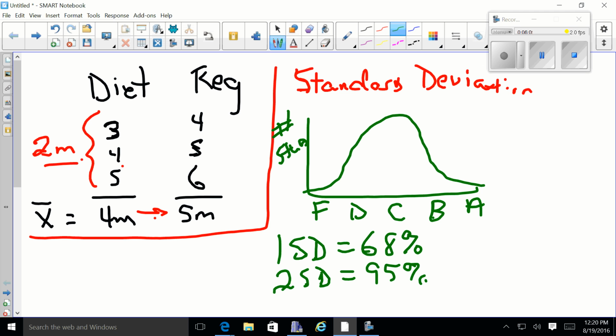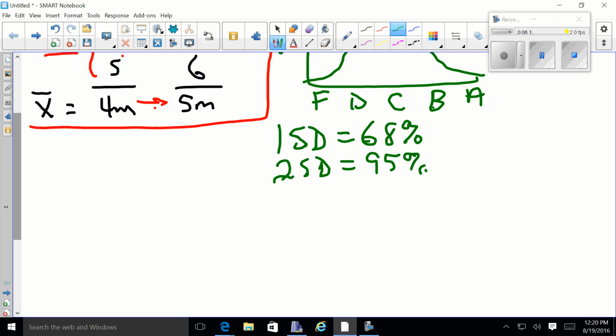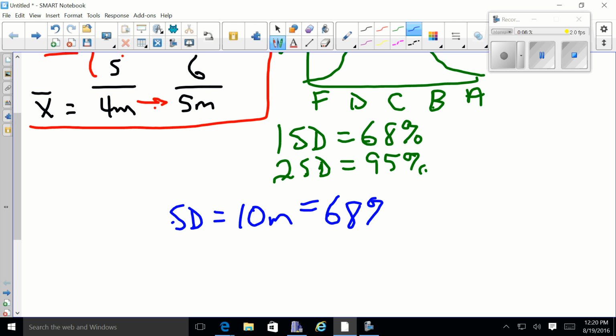So let's get an example of this. Let's say that you put your data in your calculator and you found out that the standard deviation for your data equaled 10 meters. Well, if one standard deviation is 10 meters, that means that 68% of your data is 10 meters apart.